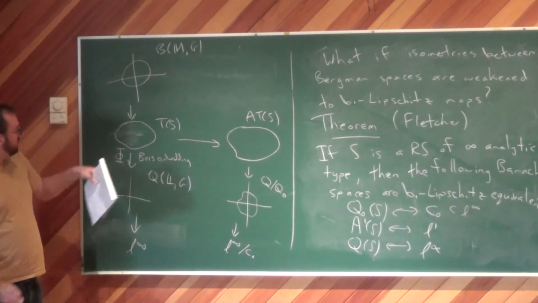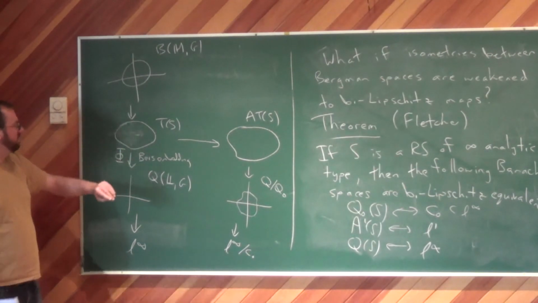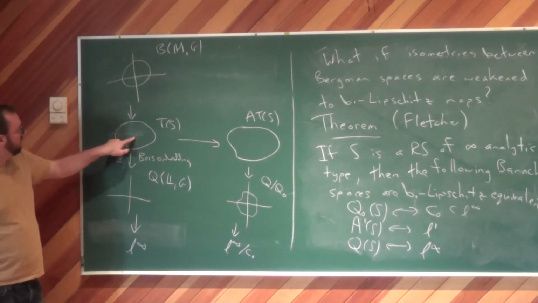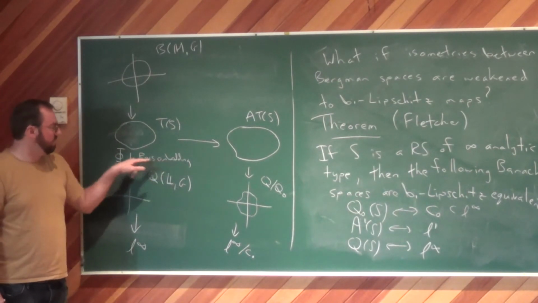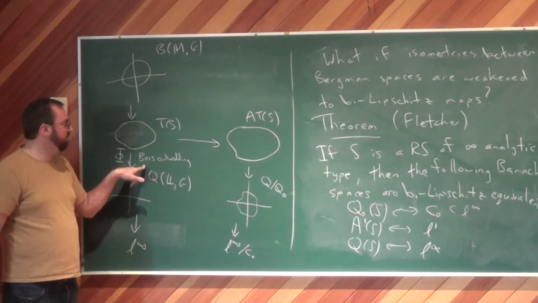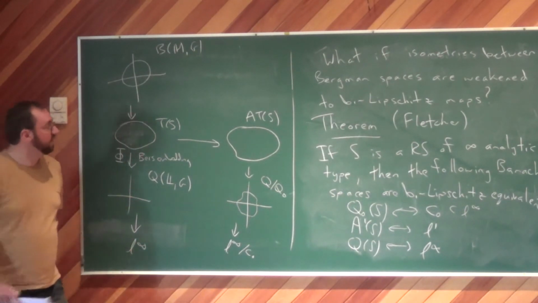So we in fact have a bi-Lipschitz map on neighborhoods, or locally bi-Lipschitz map, let me put it that way, on Teichmüller space down into L infinity. So the Bers embedding, remember, it's holomorphic, but it's only locally bi-Lipschitz. So this is locally bi-Lipschitz to here, this is locally bi-Lipschitz to here.